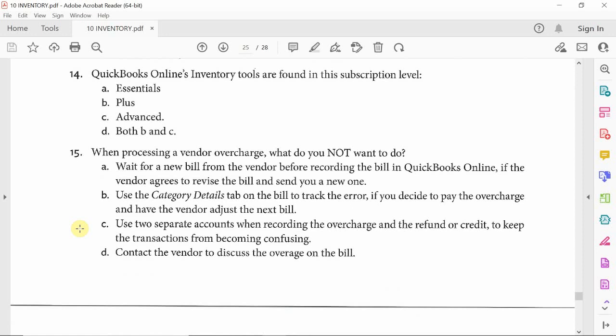Then you get the correct bill, so you don't have to edit the bill later on. If you receive the new bill with all the correct changes, then you can go ahead and record it in QuickBooks. So that is definitely appropriate.